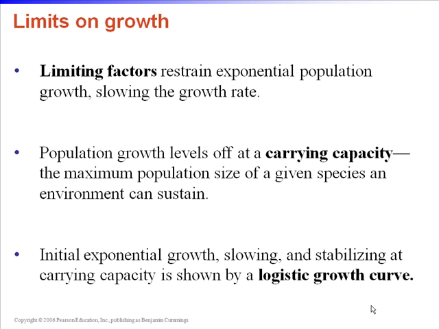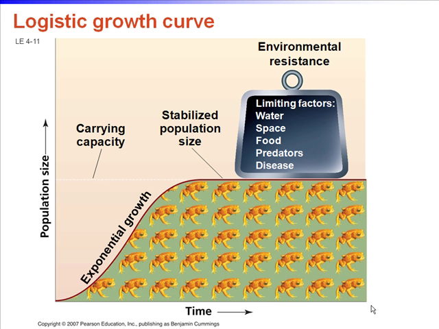This is called a logistic growth curve. Here's an example of a logistic growth curve. You can see that the population size increases, it's growing exponentially, it starts to slow down near carrying capacity, and eventually stays there at carrying capacity for the population.